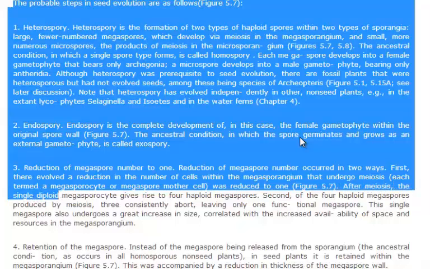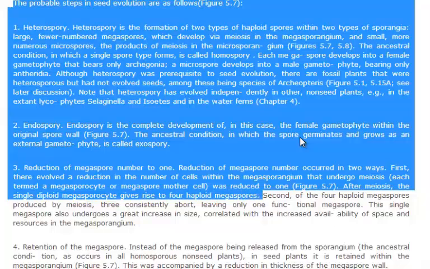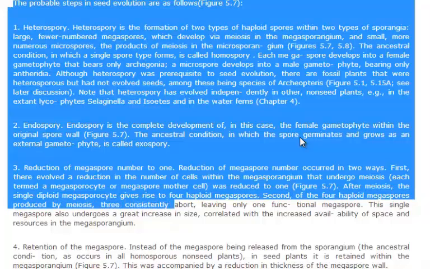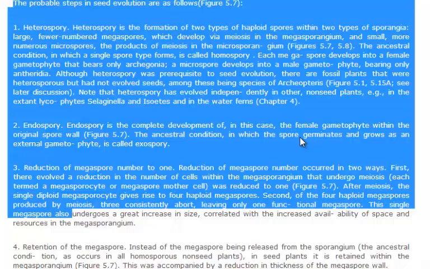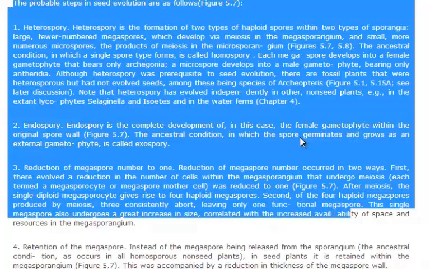After meiosis, the single diploid megasporocyte gives rise to 4 haploid megaspores. Second, of the 4 haploid megaspores produced by meiosis, 3 consistently abort, leaving only 1 functional megaspore. This single megaspore also undergoes a great increase in size, correlated with the increased availability of space and resources in the megasporangium.